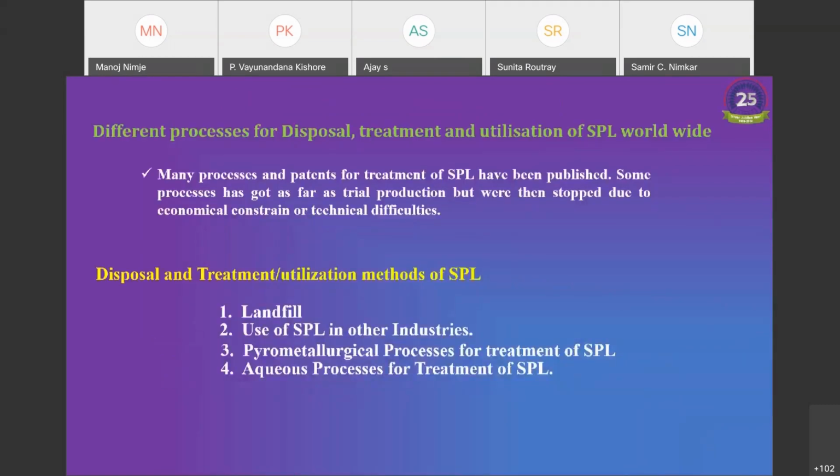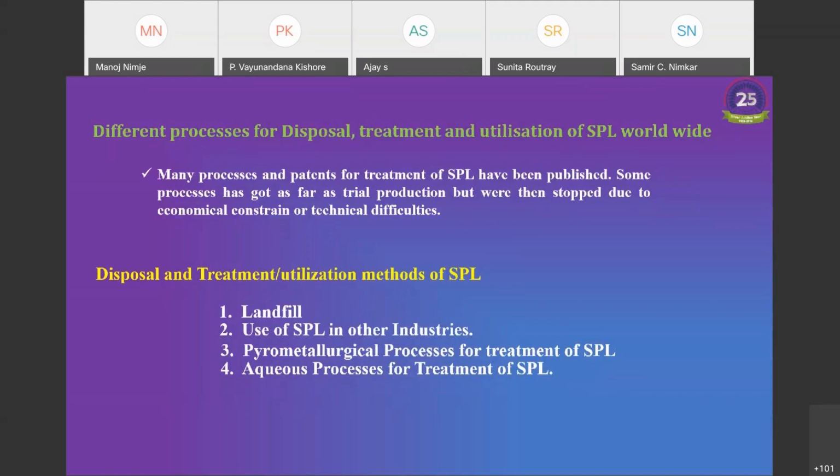Now, we will see what are the different processes available for disposal, treatment, and utilization of SPL worldwide. A number of scientists and technologists work on SPL treatment, and many processes and patents for treatment of SPL have been published.